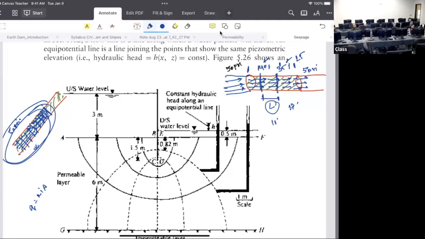So let's go back and make it a uniform distance. Then that uniform distance will have a certain resistance, a certain drop.